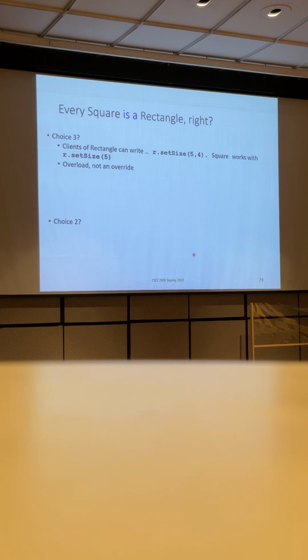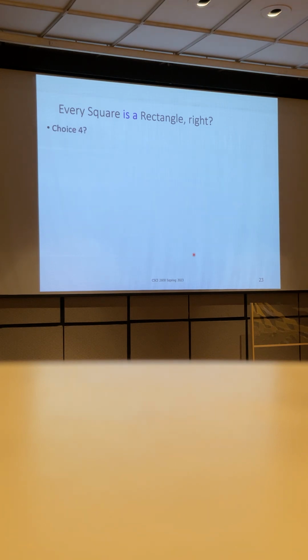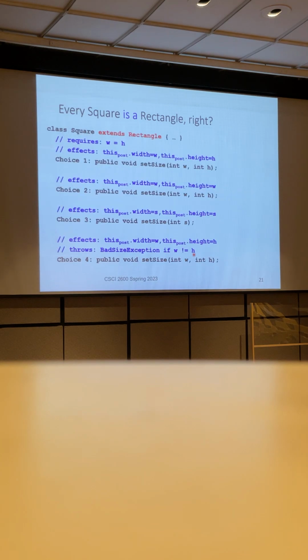Just to double check, the child methods can't throw new unchecked exceptions, right? Yes. Here we are talking about set size for square and rectangle, and we want square to be substitutable for rectangle, which means set size in square must have a stronger specification.